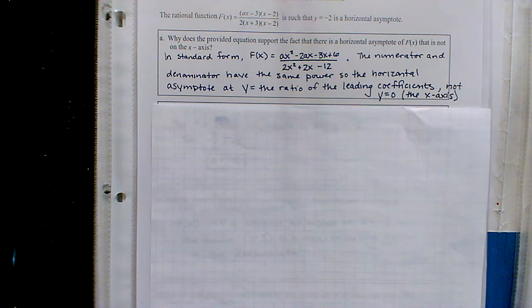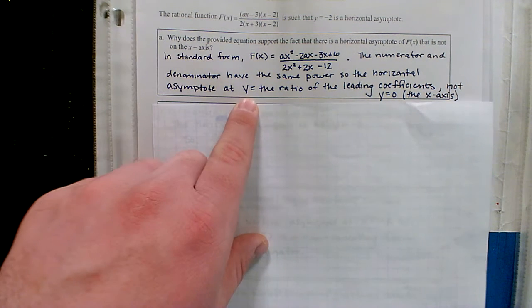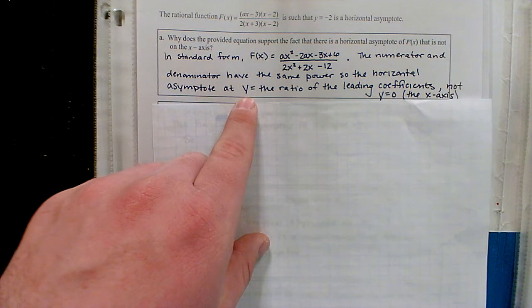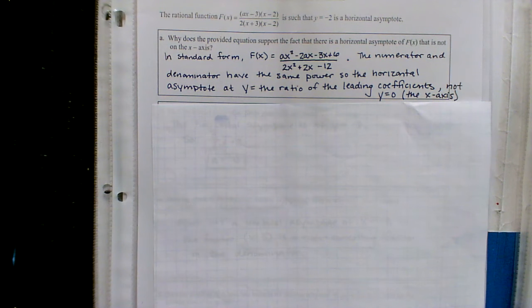So from the rules we wrote 2 days ago, since the powers are equal, your horizontal asymptote, y, is equal to the ratio of the leading coefficients. And that's not y equals 0. As long as you have something close or the same idea in your answer, it doesn't have to be worded exactly the same. Any questions about that first one?